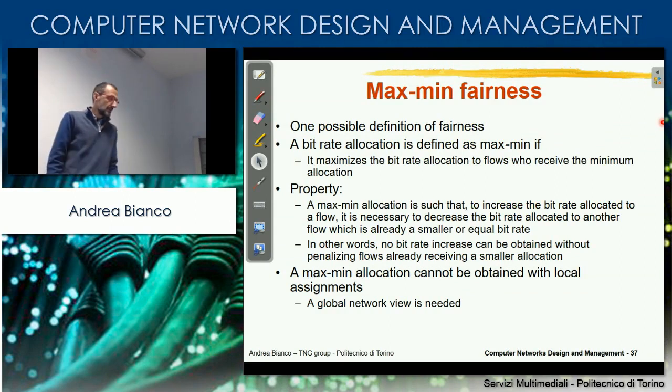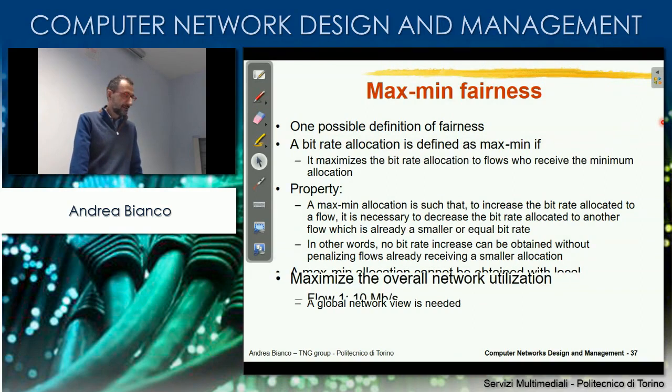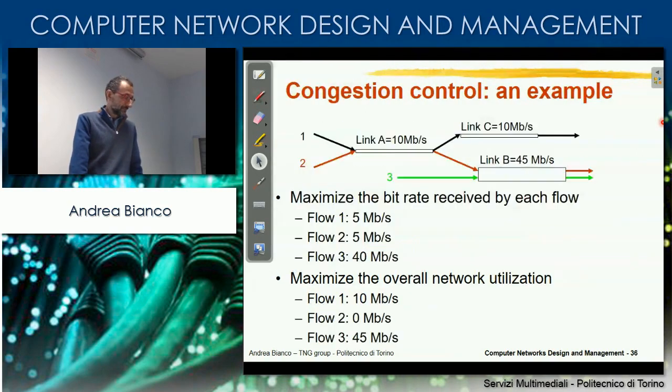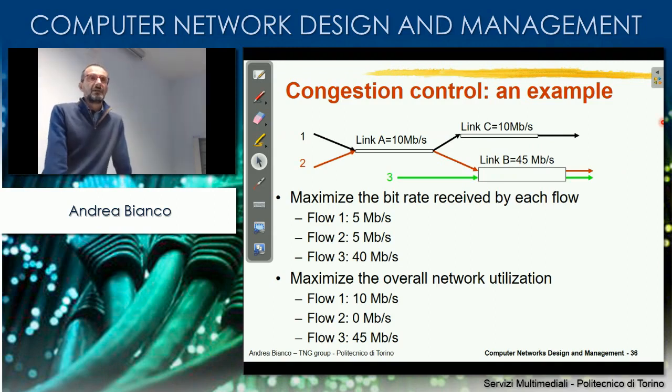So in the previous case, we used the 40 megabit to give more to the one that was getting 5, perfect. Say that again? In the previous exercise, we could reduce the flow 3 bit rate of 40 megabit to give more to flow 2, for example 10, and that was good.